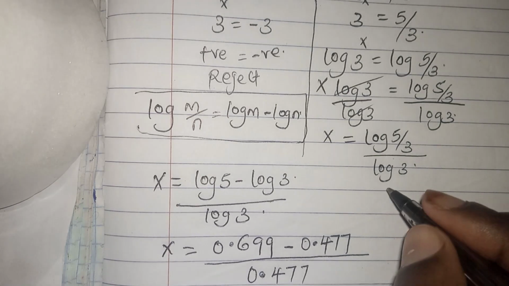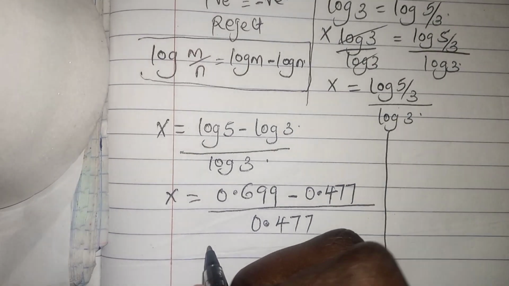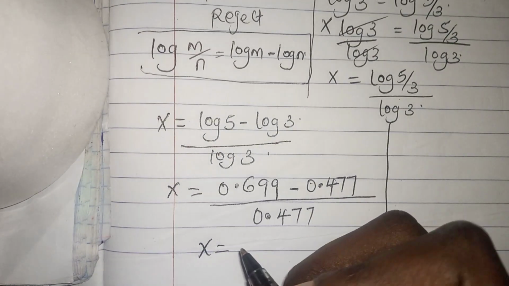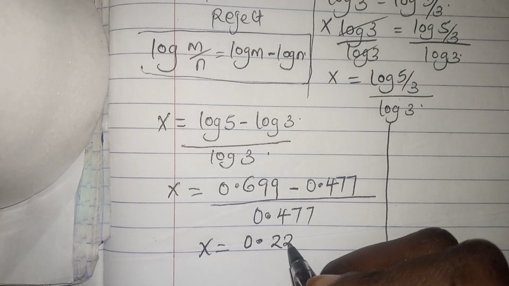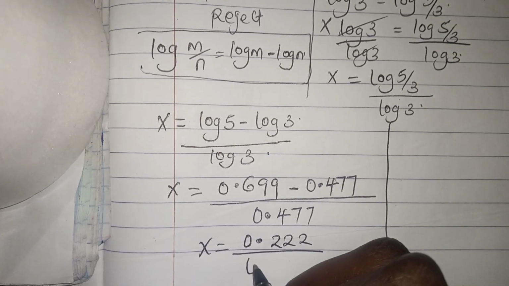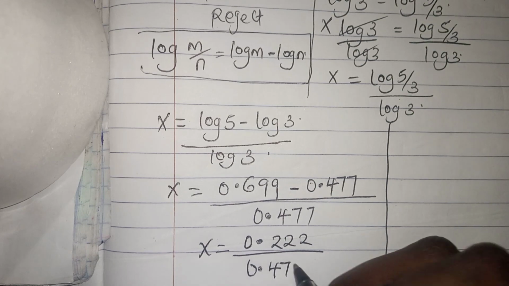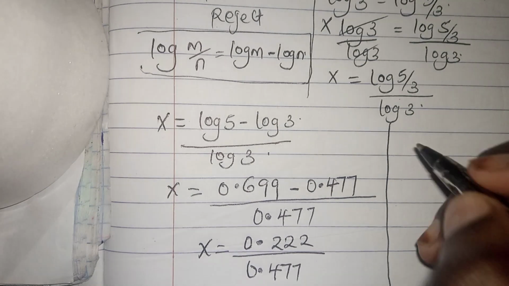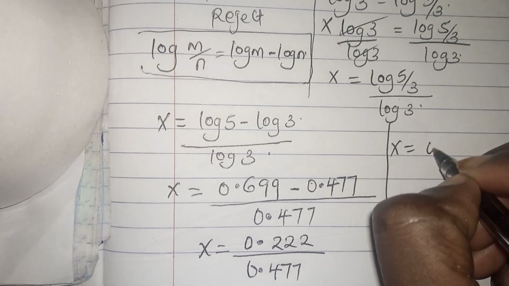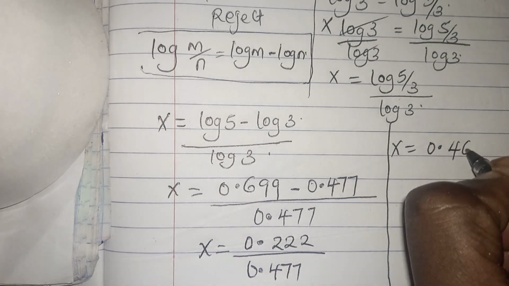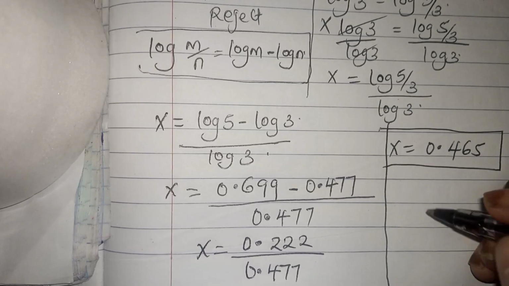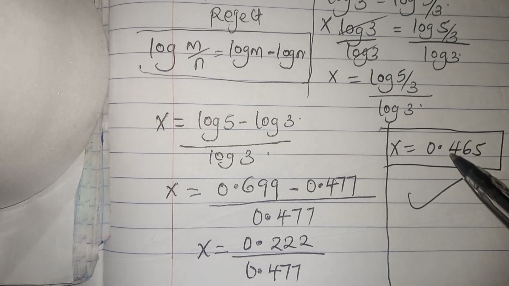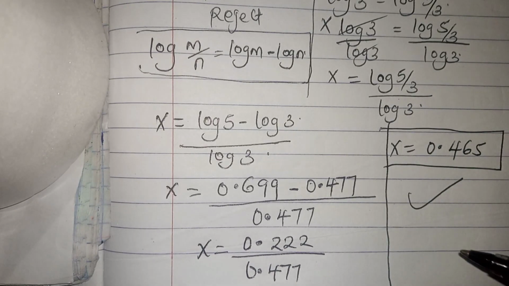So x is equal to, if you evaluate this, you get 0.222 over 0.477. So if you solve this, x is equal to 0.465, and this is the value of x. So x is equal to 0.465.